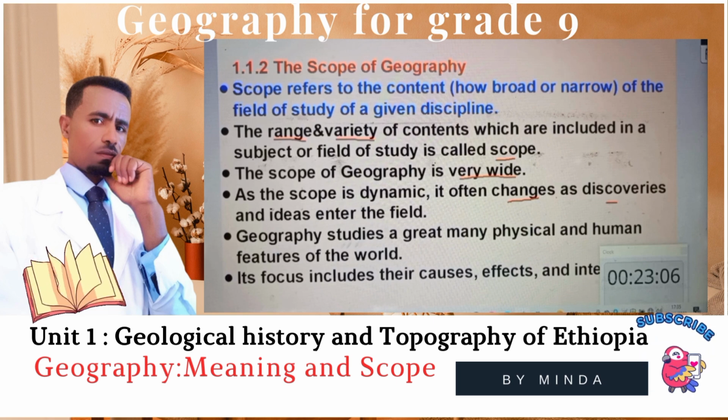Okay, geography studies a great many physical and human features of the world. So geography studies physical features and also human features of the world.